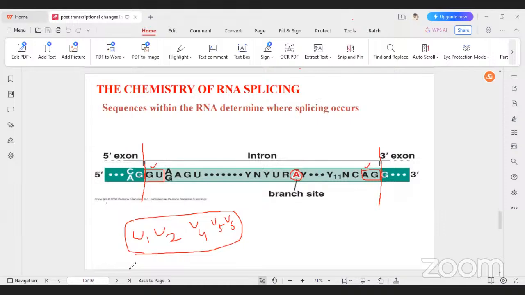First step: the splicing junction GU is recognized by U1 snRNA.